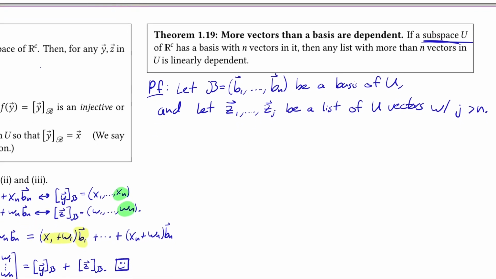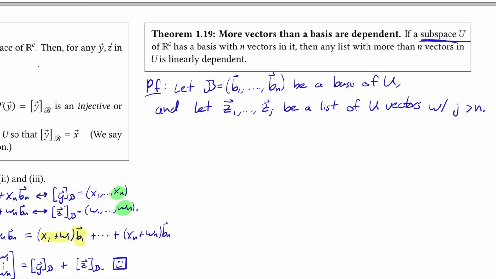So the trick is to think about the coordinates, the B coordinates of the z vectors. If we get the coordinates relative to this basis B, well, it's still a list of j vectors, but how many entries are in each of these vectors?